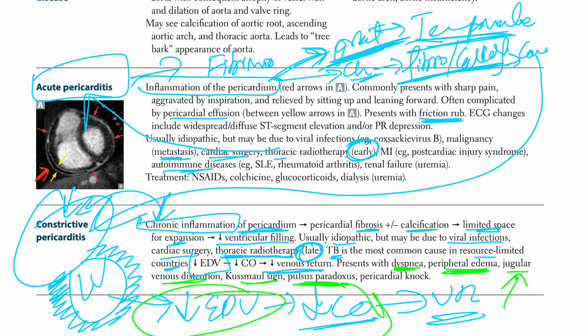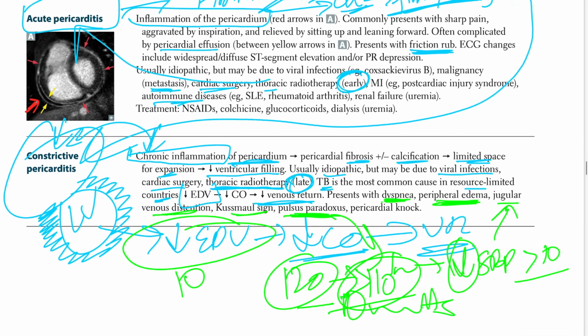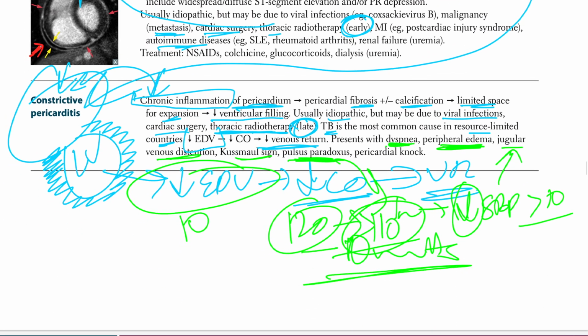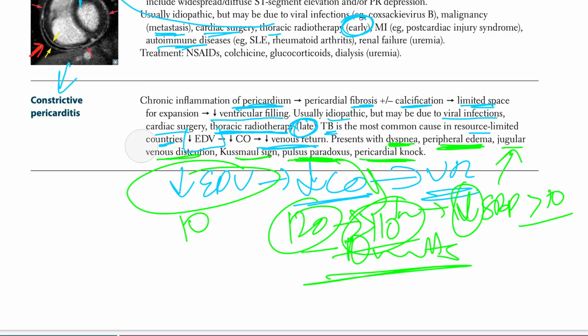That was basically when you inspire, you are going to decrease the systolic blood pressure by greater than 10, for example from 120 to 110, meaning a decrease of about 10 mmHg. You can't see that. Okay, now you can. And pericardial knock is the last thing. So now go back.